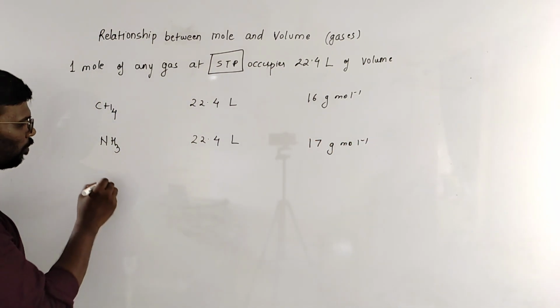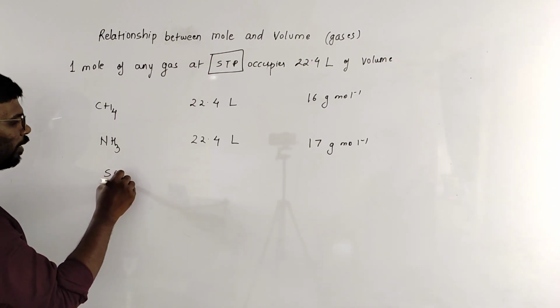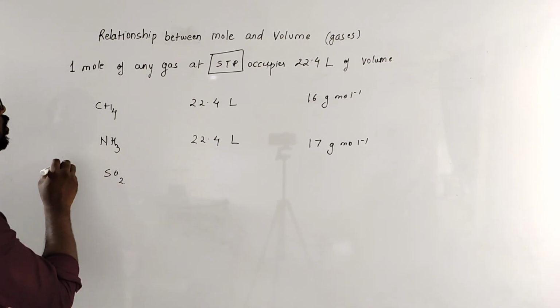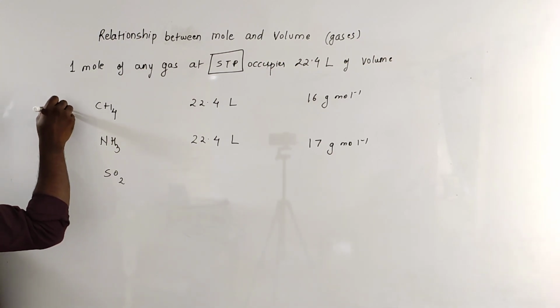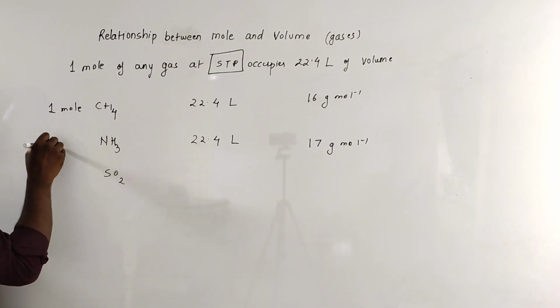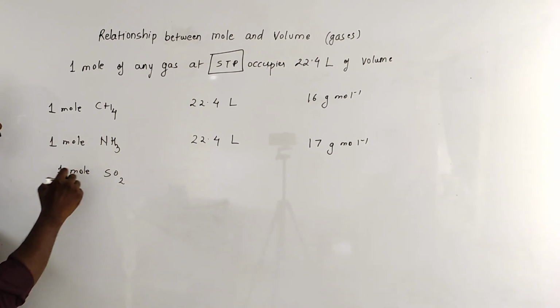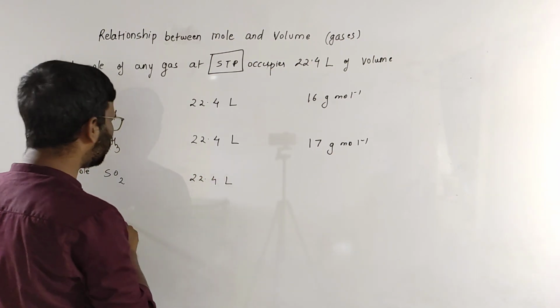Then if you take sulfur dioxide, I am talking with respect to 1 mole. 1 mole of this, 1 mole of this, 1 mole of this will occupy 22.4 liter. What is the molar mass?